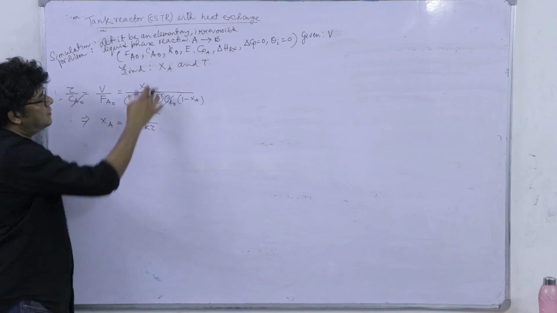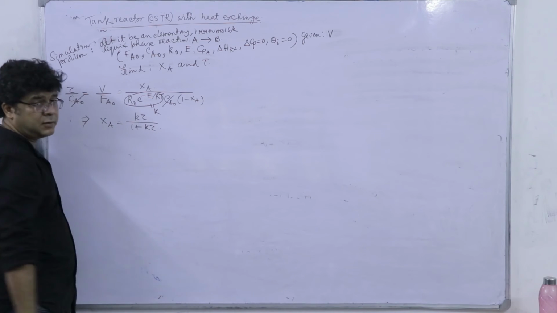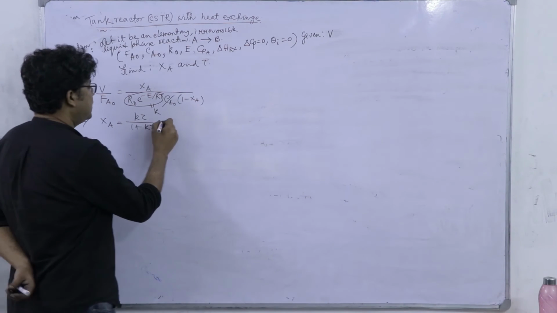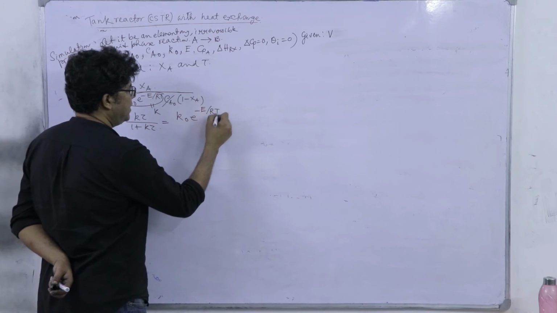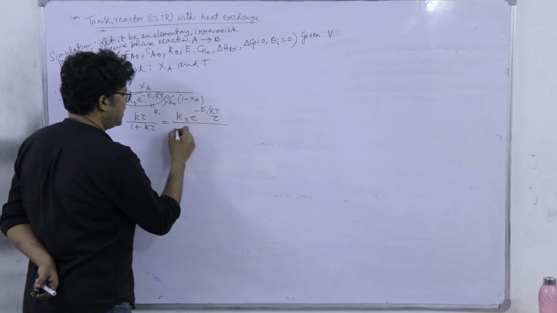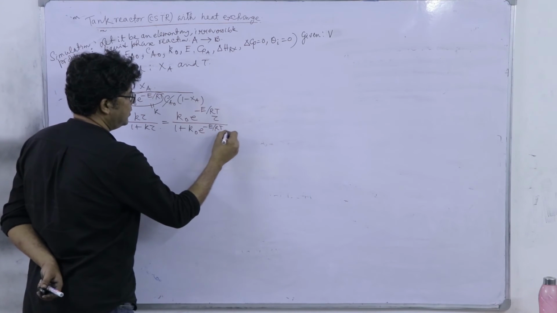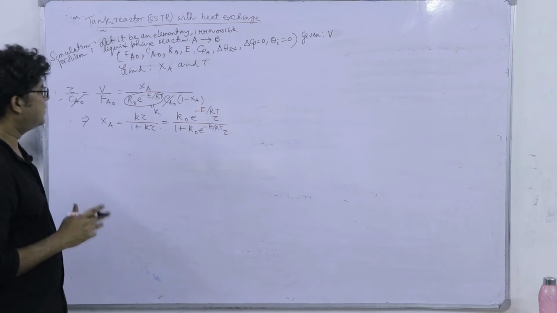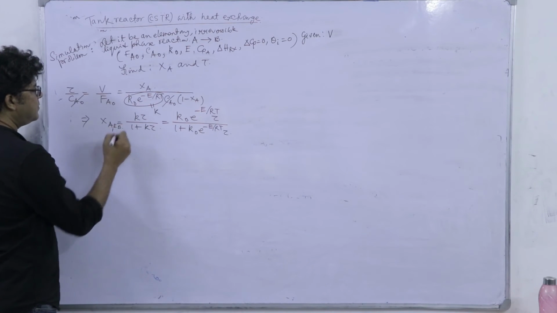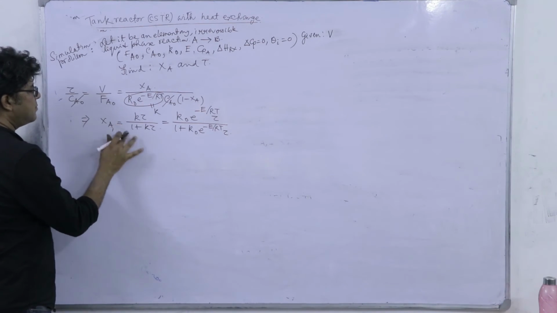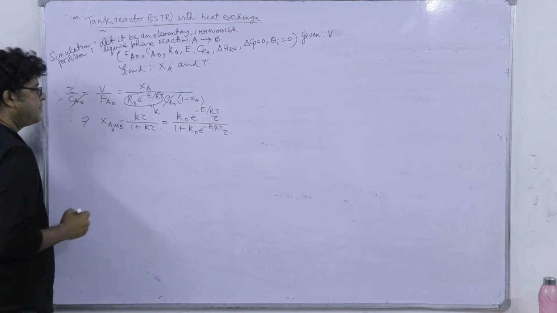Why? Because Xa by 1 minus Xa equal to K tau. So, obviously, Xa equal to K tau by 1 plus K tau. So, now you see the temperature function: K naught e to the power minus E by RT into tau, divided by 1 plus K naught into e to the power minus E by RT into tau. Right. So it's a nonlinear function of Xa, let's write it MB, since it is obtained from the material balance.